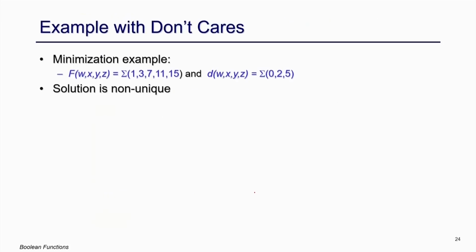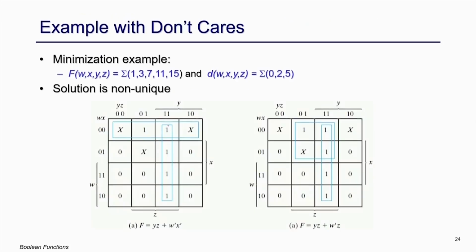For example, here I give an example. This is my onset 1, and these are the onset, and if I represent this function, say these x are the don't care. This is my prime implicant that is covering 4, and if I do not use the don't care, I have only this other cover. This is basically yz.